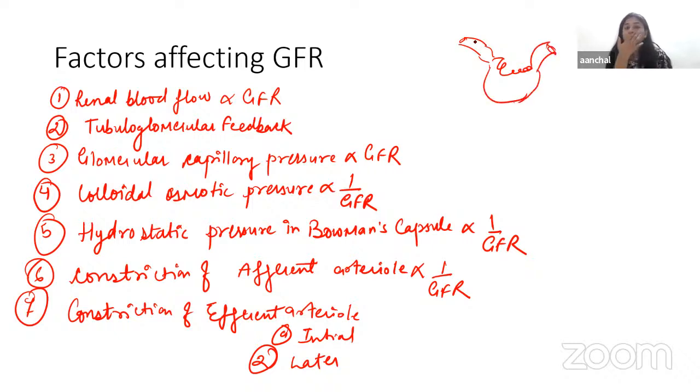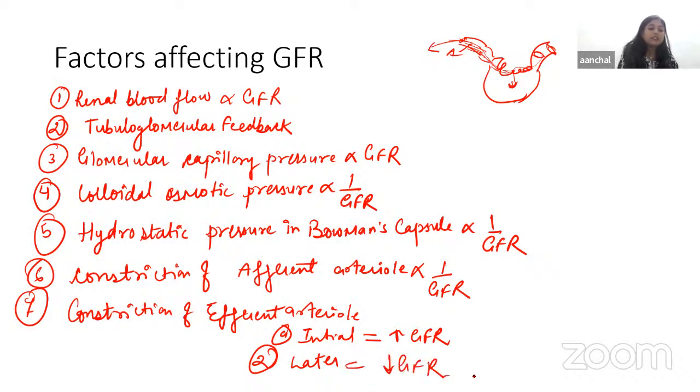If there is constriction in the efferent arteriole, there will be backflow of blood towards the glomerulus. So at the initial stage it will lead to an increase in GFR. But if the constriction is severe, with more and more constriction, there will be reverse backflow of blood, which leads to a decrease in GFR.